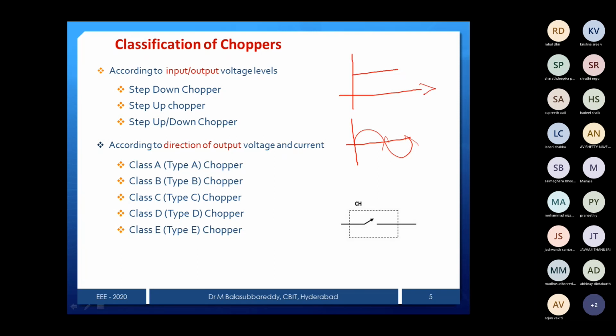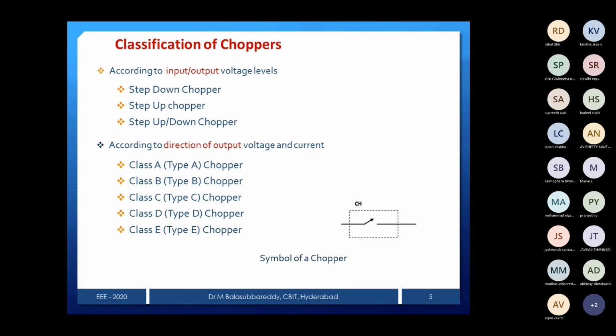But here the supply is continuously maintained at a constant magnitude. Once current is passing through the device, it will never be turned off. That is the reason we need to apply forced commutation by making use of a commutating circuit. That is the difference between the phase control rectifier and the choppers.